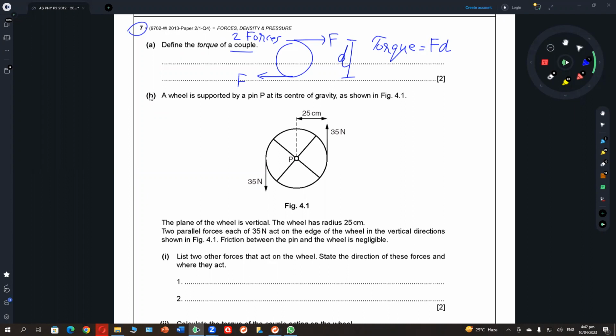The other two forces, the wheel is vertical. And he says friction between the pin and the wheel is negligible. So friction I'm not considering. Do you think we should consider the weight of the wheel? Yes, downwards. But what about the second force? The normal reaction force. Two parallel forces act on the edge of the wheel in the vertical direction.